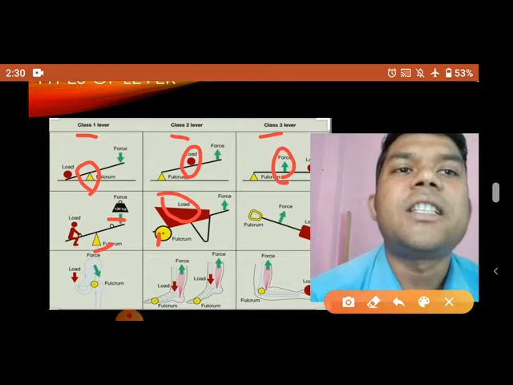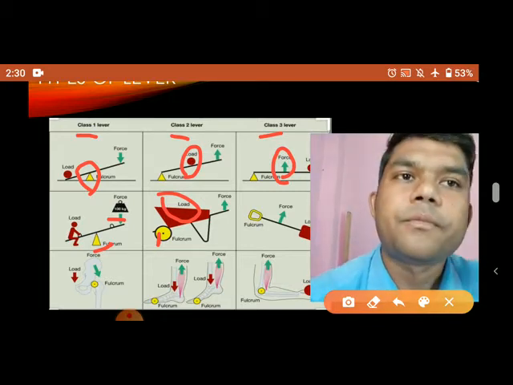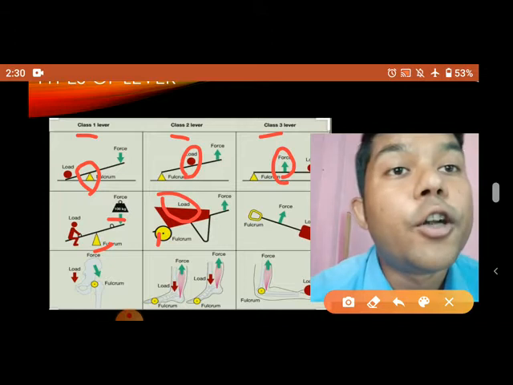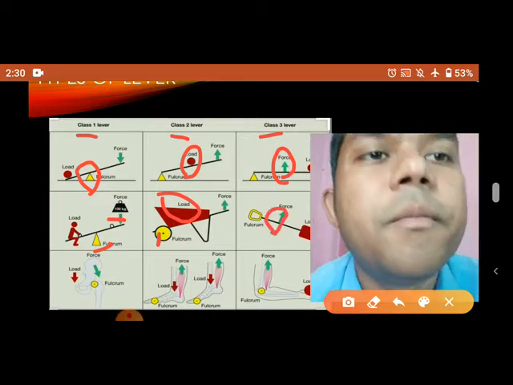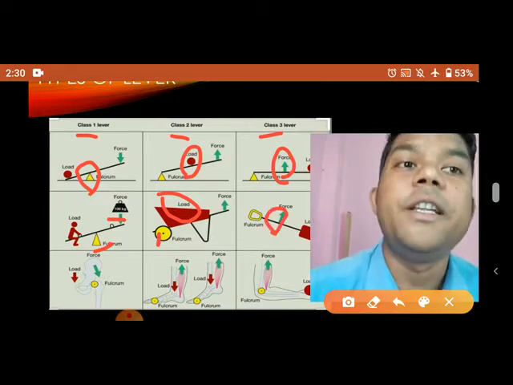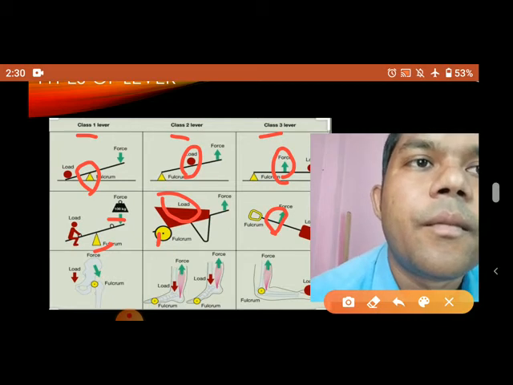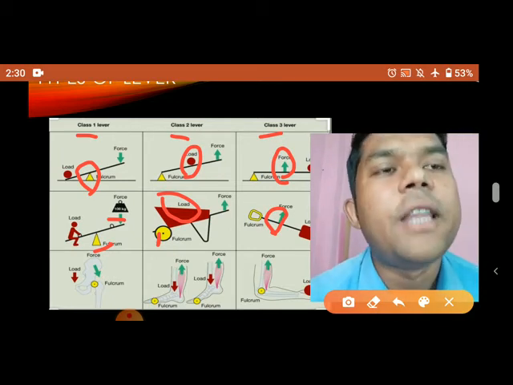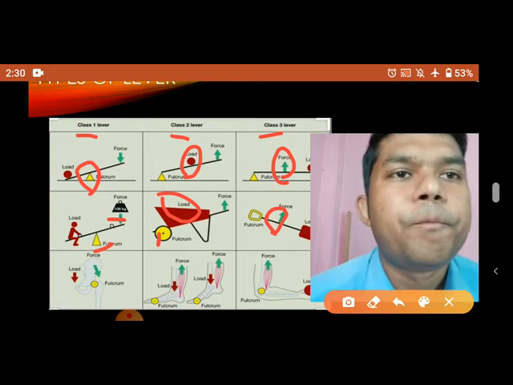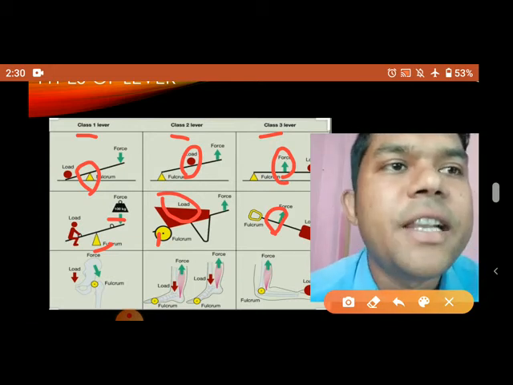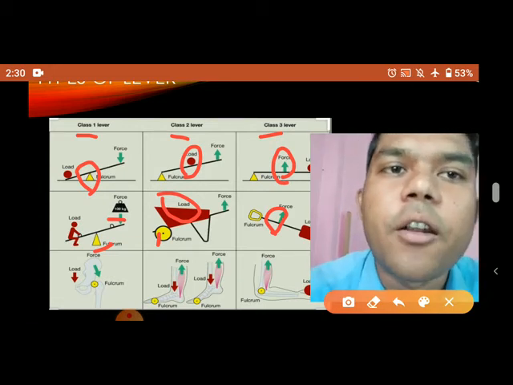Next, the third class lever, that is a shovel. The force we apply is in the middle, we give effort in the middle. The load, the things which we are pulling, is at one end, and our one hand acts as a fulcrum.